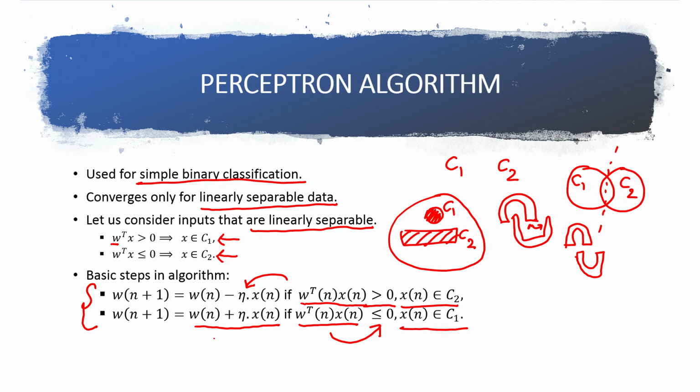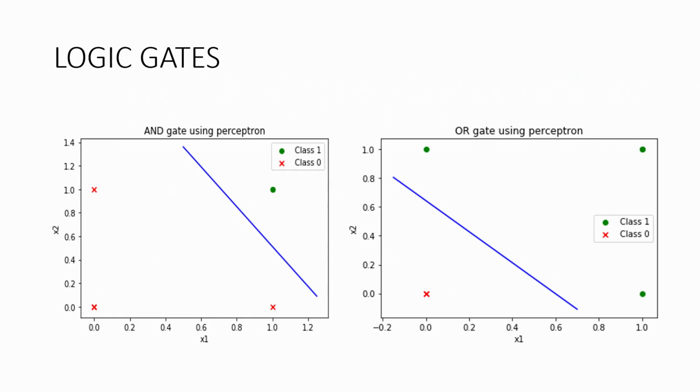So, these two steps form the basis of the perceptron algorithm, that is, the weight change is based on these two steps. Now, let us look at a simple case of the logic gates. We know the truth table of the AND gate, that is, say we have inputs x1 and x2 and the corresponding label as say y.